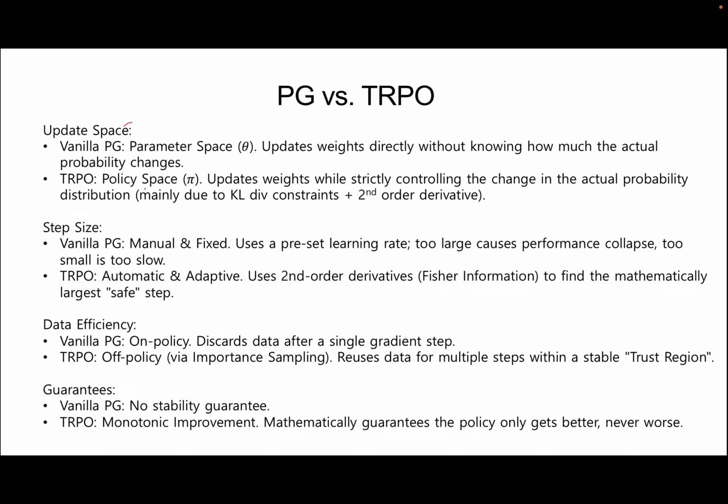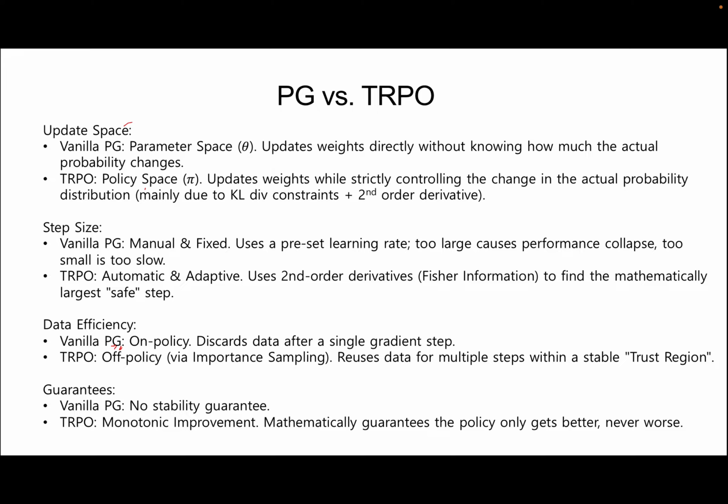Data efficiency: vanilla PG is on-policy, as I said. It cannot reuse data; it discards data after a single gradient step. But TRPO, thanks to importance sampling and the relative performance bound assumption, shifts to off-policy by importance sampling. We use data for multiple steps within a stable trust region.